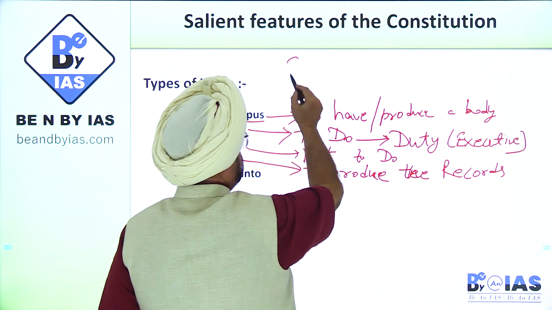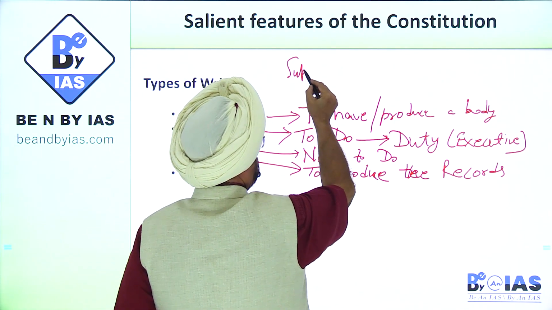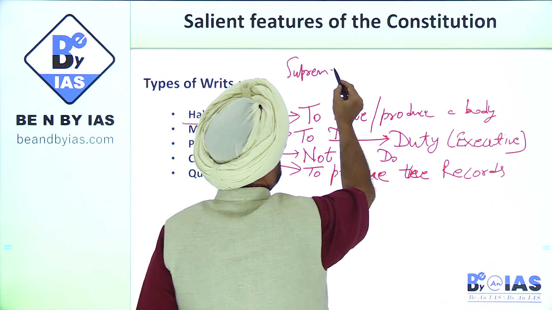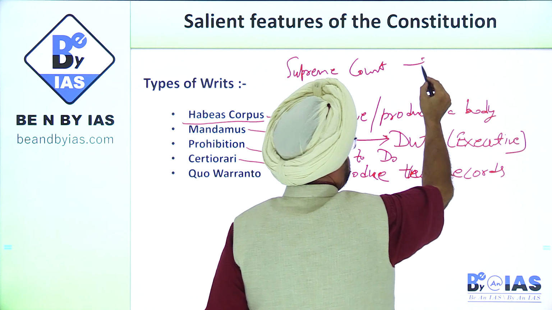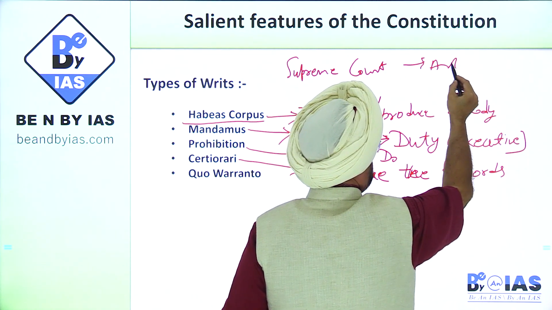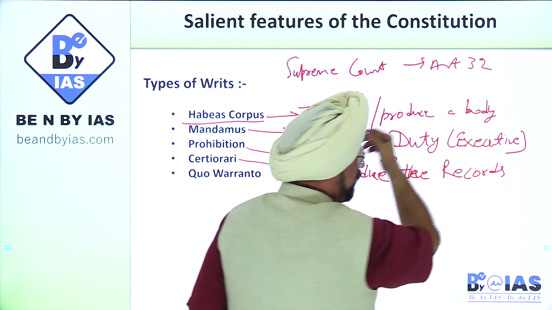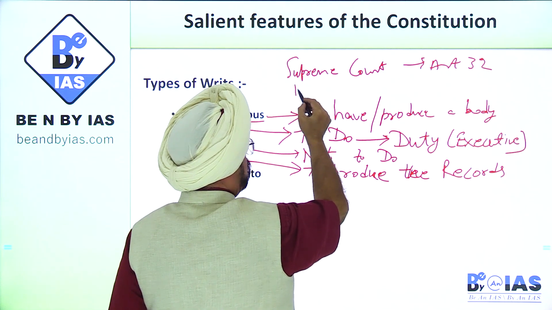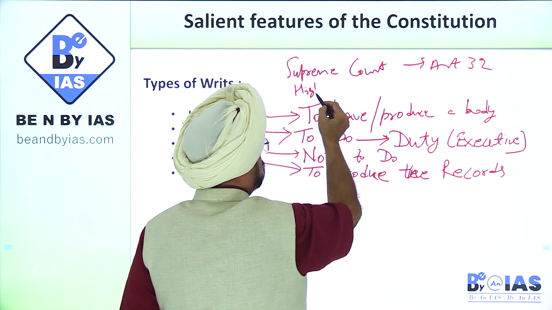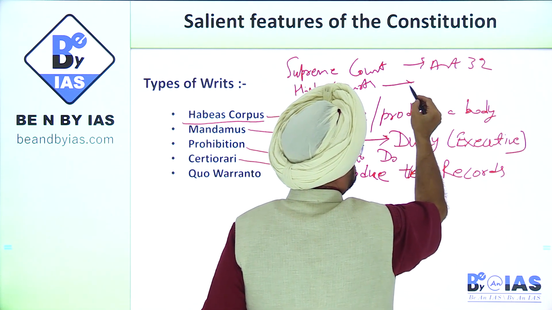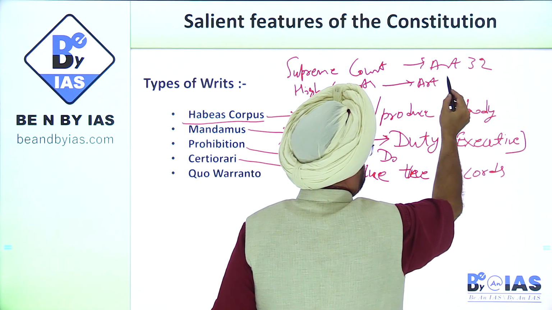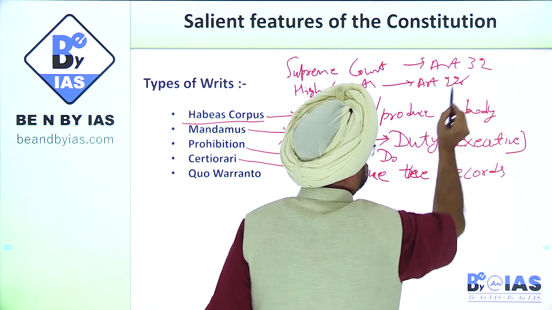I'll just write here. Supreme Court, Article 32, these writs can be issued, and High Courts, Article 226.